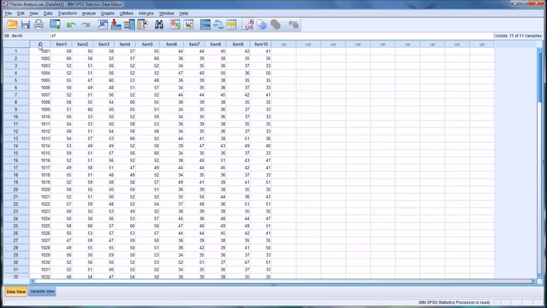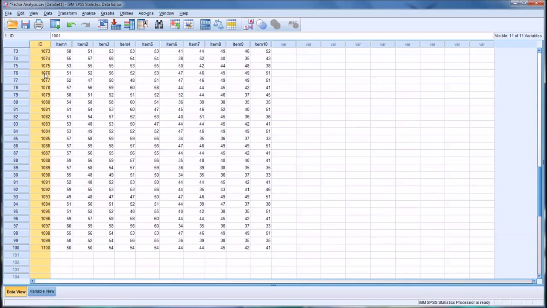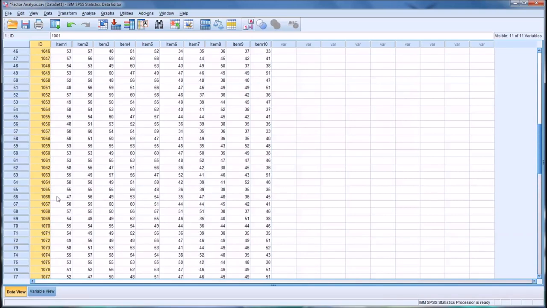In this data set we have a variable named ID, labeled ID, and there's 100 cases. This represents 100 participants who took an assessment, and the assessment had 10 items on it.